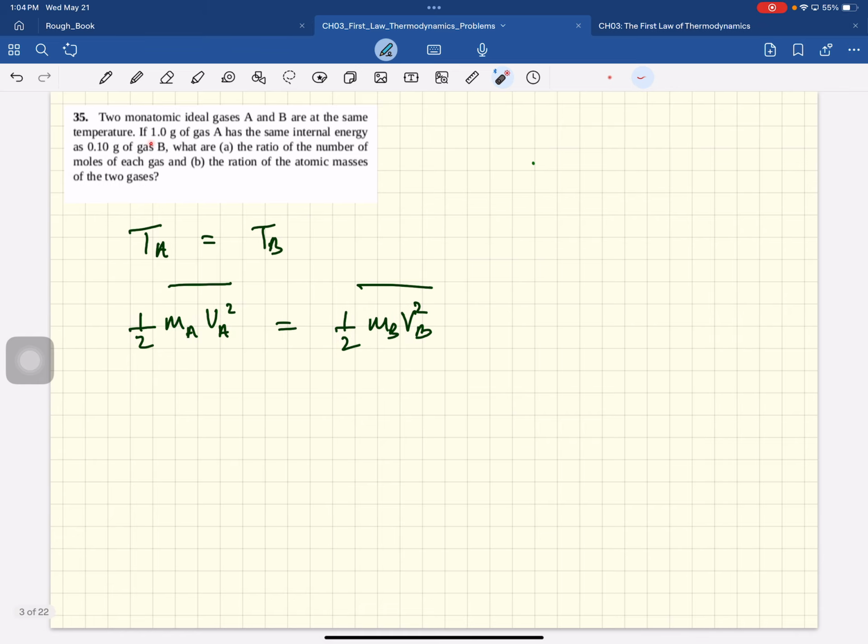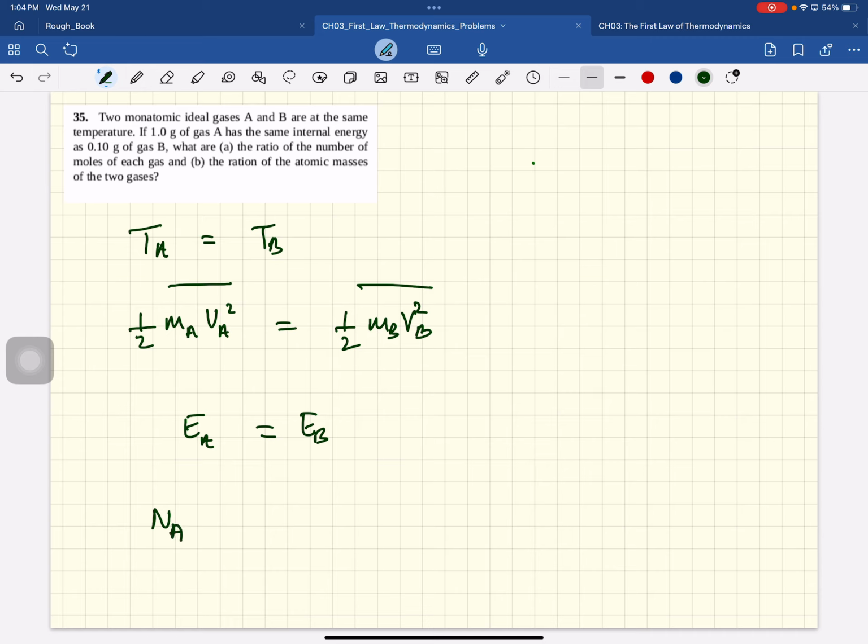If 1 gram of gas A has the same internal energy as gas B, what is the ratio of the number of molecules of each gas? Internal energy of gas A is the same as internal energy of gas B. I'm going to use capital N for the number of gas molecules.